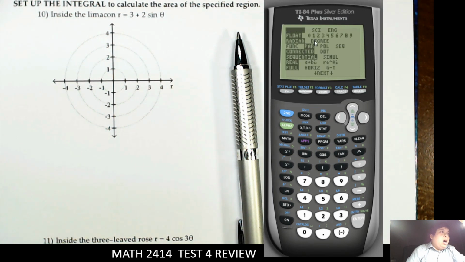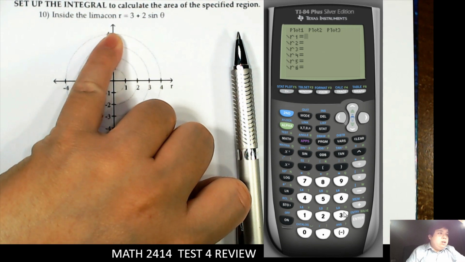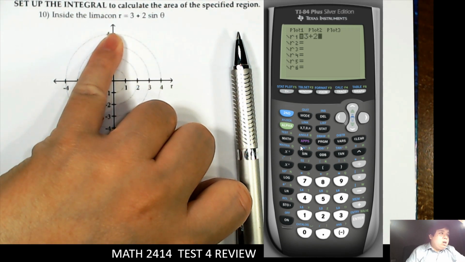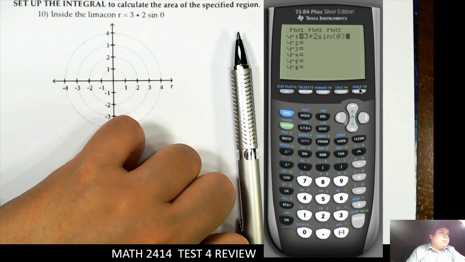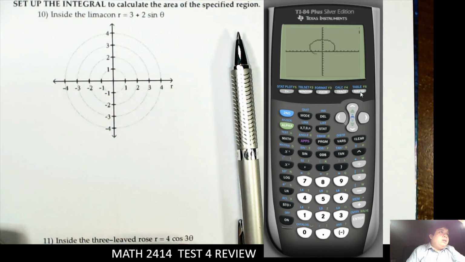Hit mode, make sure it's in radian mode and in polar. Then hit y equals, and it will be in polar: 3 plus 2 sine of theta. And graph. Just like that, nothing special.